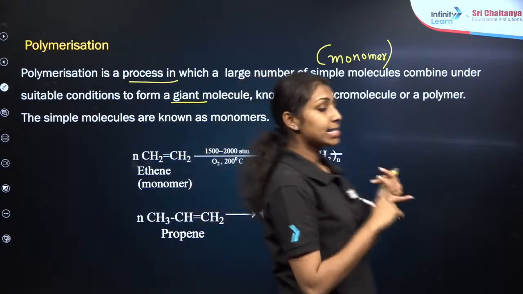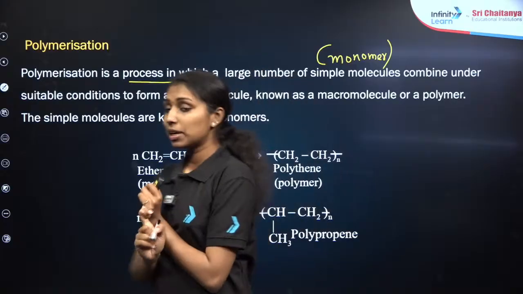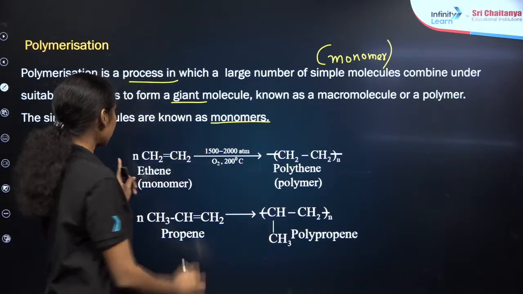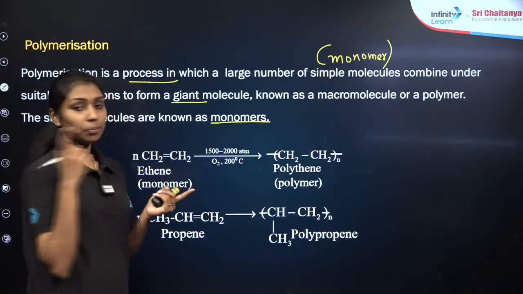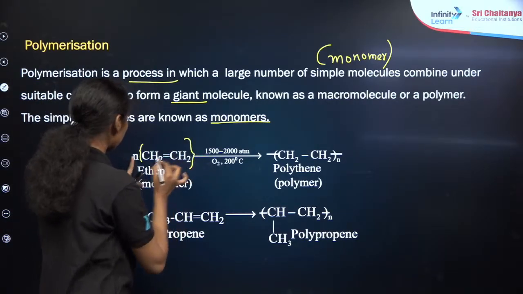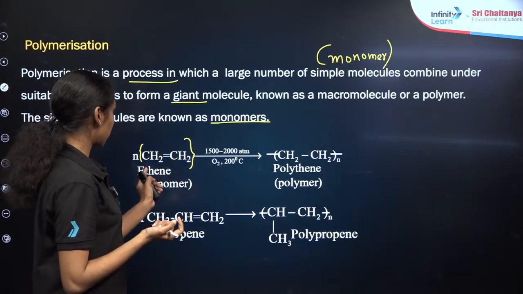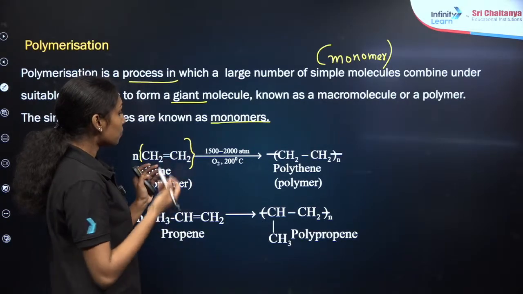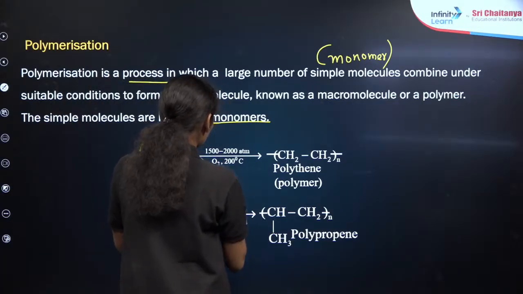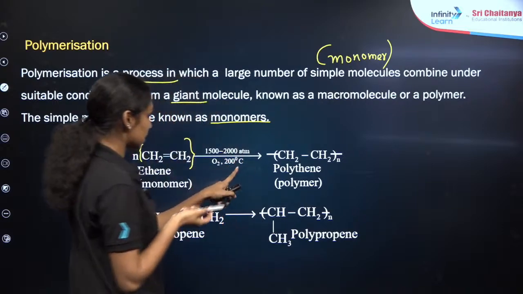This particular reaction is known as polymerization, and the simple molecules used in the polymerization are known as monomers. So here we are using the ethene molecule, ethene is our monomer here. I am doing the polymerization by taking n number of CH2 double bond CH2 molecules, or ethene molecules, at a high pressure of 1500 to 2000 atmospheres, in the presence of oxygen at 200 degrees Celsius.